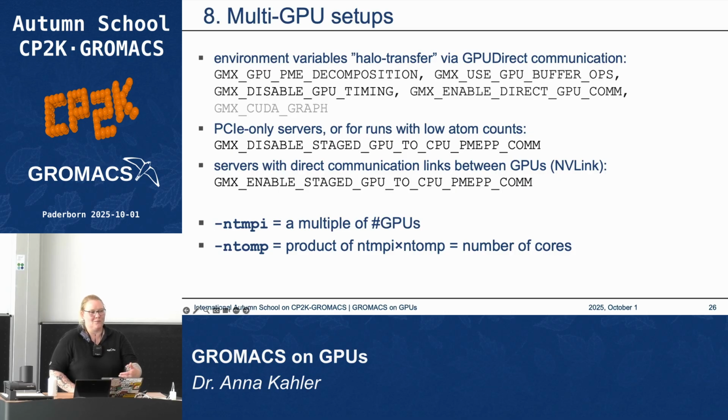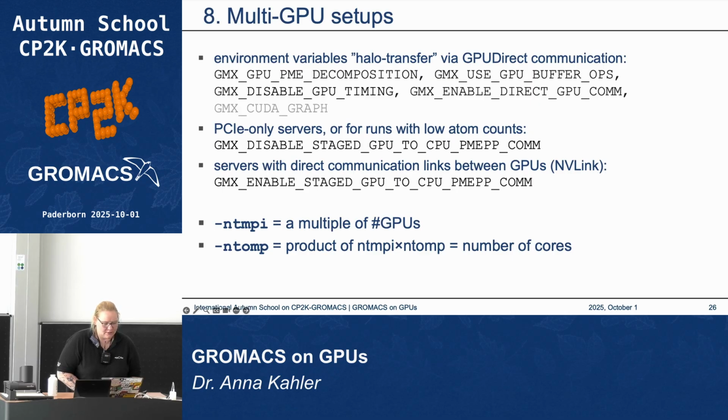And that's what I mean when I said MPI vocabulary and GROMACS vocabulary don't really go hand in hand, because the name rank that GROMACS uses is not the same as you use in terms of GPU vocabulary. So GROMACS ranks and GPU ranks are not the same.